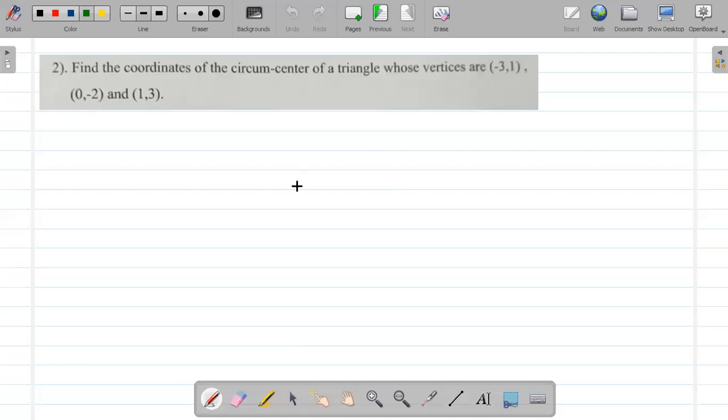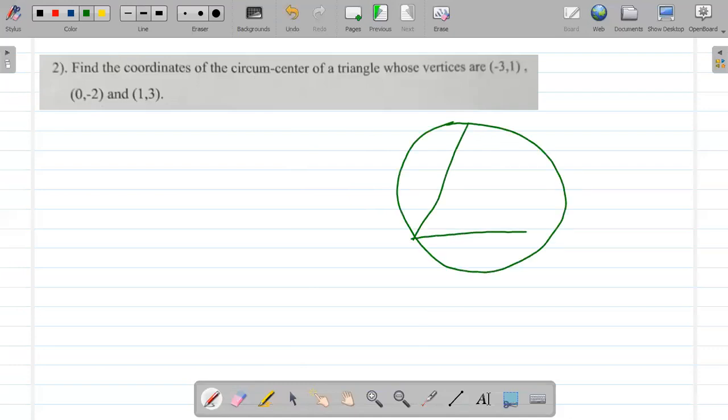So for the circumcenter, we know that it is the center of the circle in which a triangle lies. Right? So in case I draw a circle like this and say that's a triangle with those vertices (-3, 1), (0, -2), and (1, 3), the circumcenter is this center.